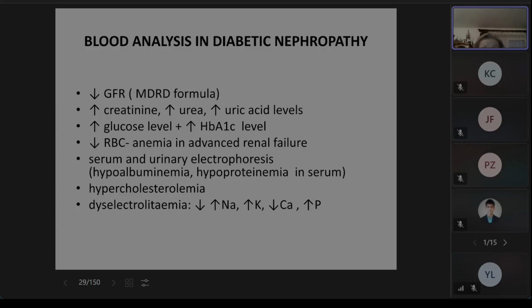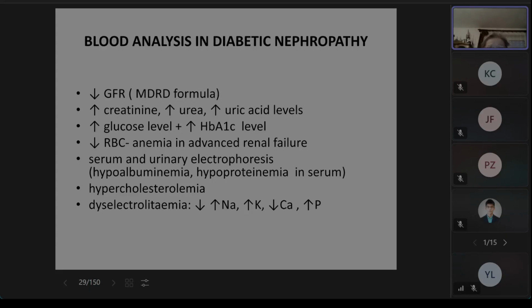In the blood analysis in diabetic patients, first of all, you have to look for creatinine, urea and also uric acid levels, because they are elevated in kidney injury. They are elevated, but the GFR level, calculated according to the MDRD formula, is coming down.